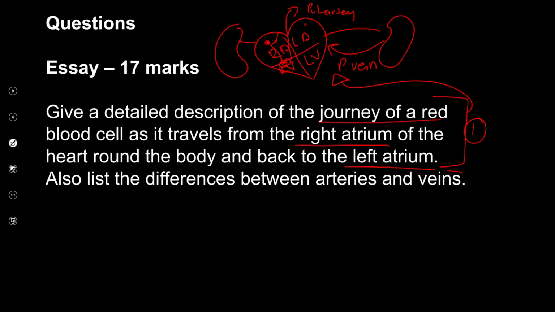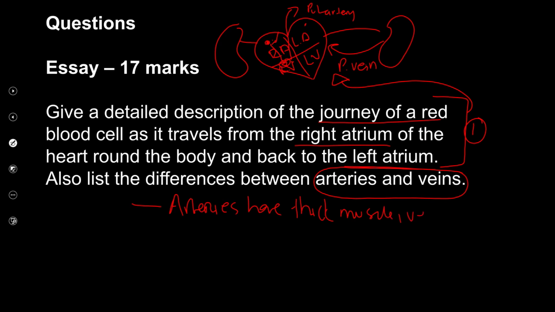The second paragraph would be, tell me the difference between the arteries and veins. Don't draw a table. But what you can do, you can tell me arteries have a thick muscle, and you can say veins have a thinner muscle.